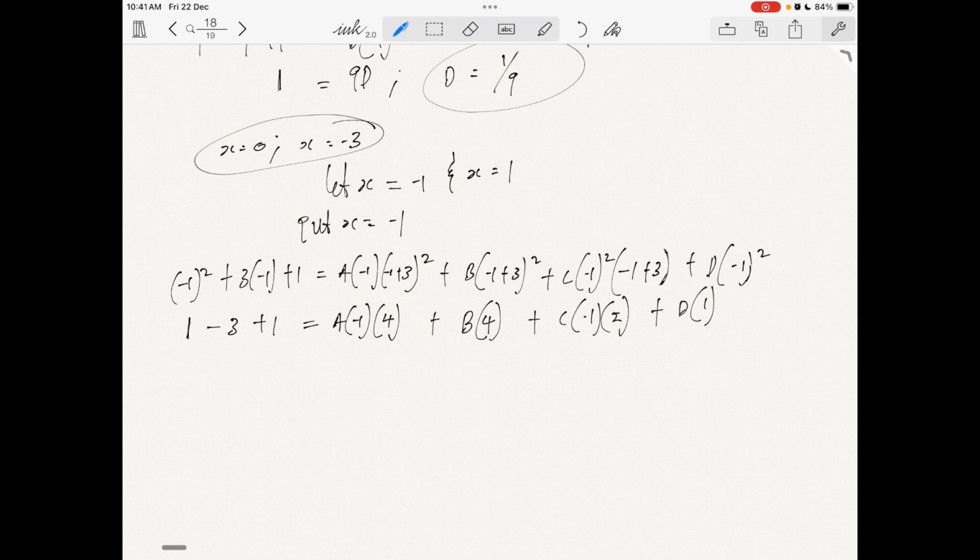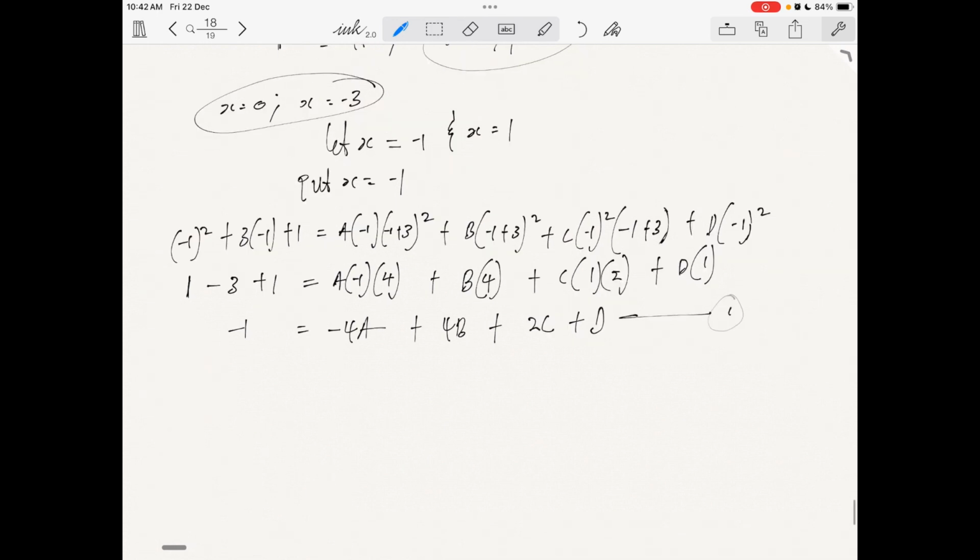So 1 minus 3 plus 1 gives us minus 1, which is equal to minus 4a plus 4b plus 2c, and minus 1 squared is plus 1, and plus d. So we can call this equation 1.